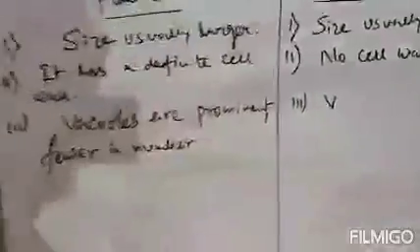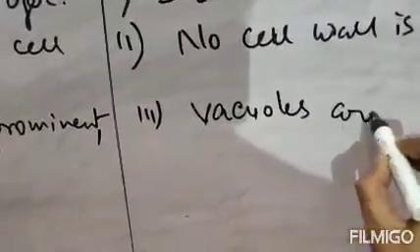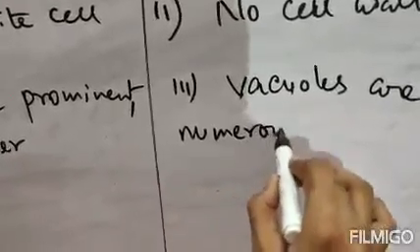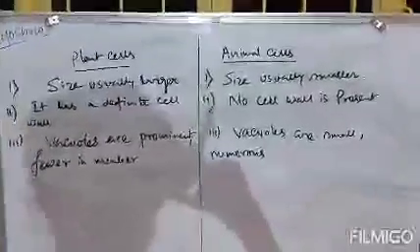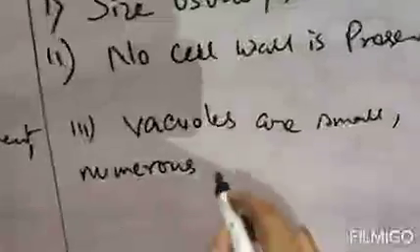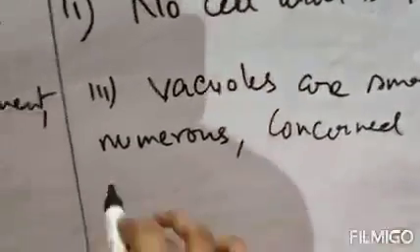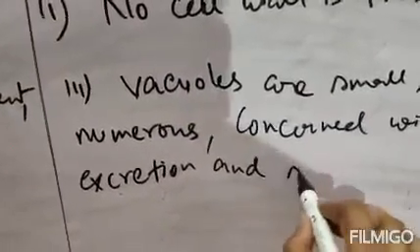That means they are not very prominent like in plant cells. So we will write, vacuoles are small and present in numerous numbers. That means many vacuoles are present in animal cells, whereas in plant cells they are fewer in number. In animal cells, vacuoles are small, numerous and concerned with excretion and secretion.